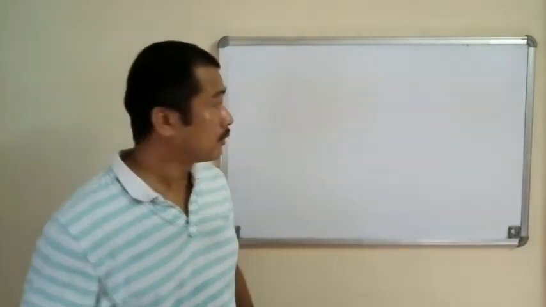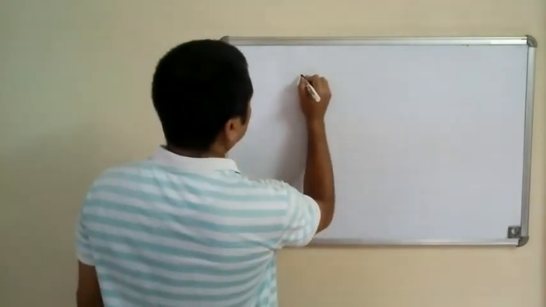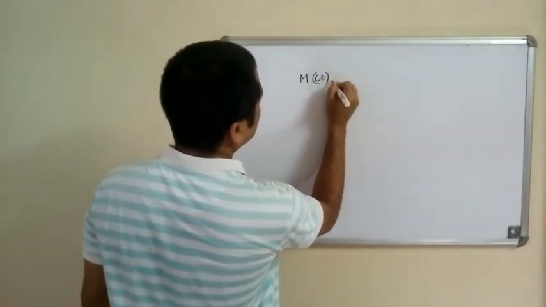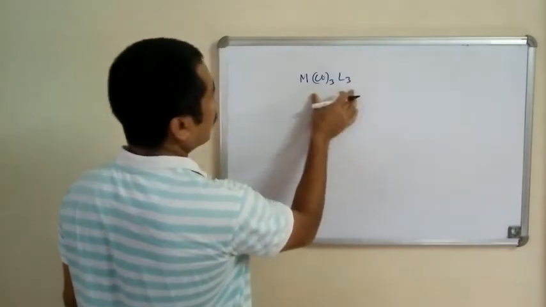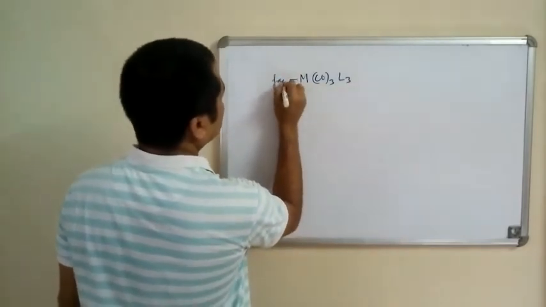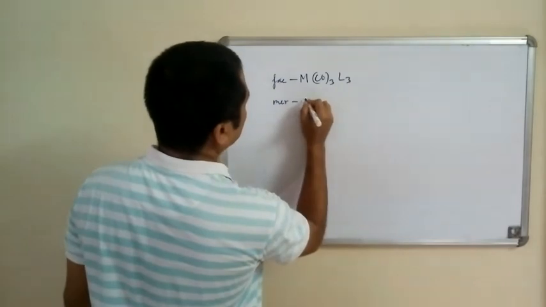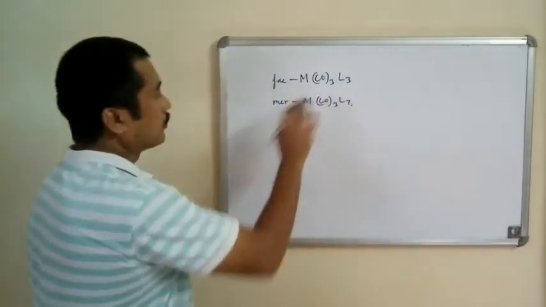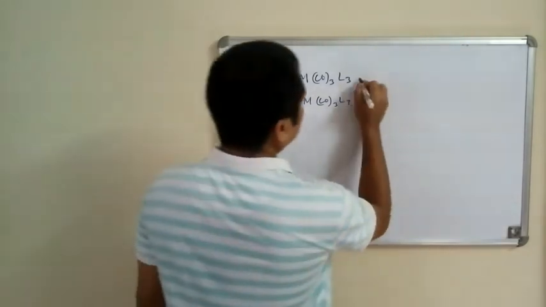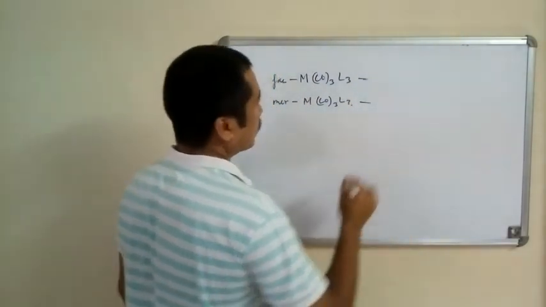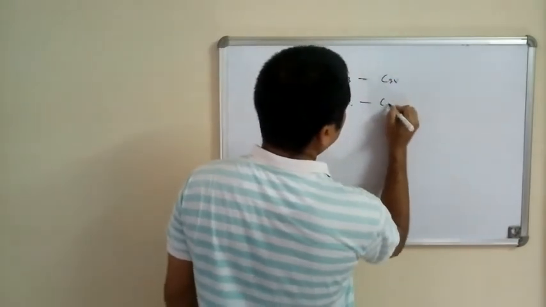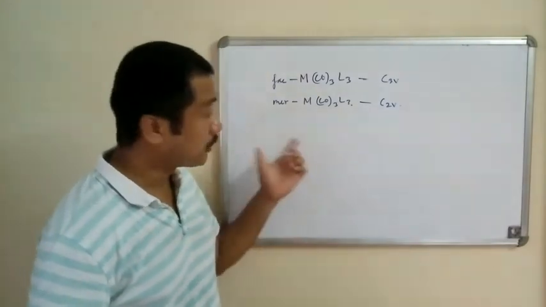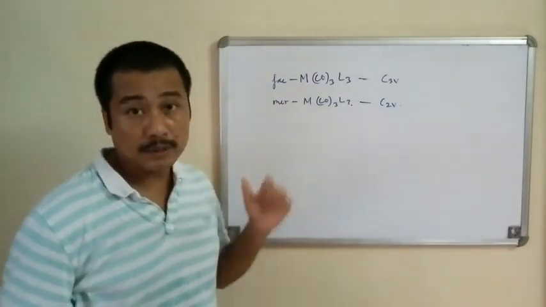So for example, if you look at facial and meridional isomers of, say, this type, this particular complex can have either a facial or meridional isomer of the same formula, but the symmetry or the point group in each of these cases is different. Here it is C3v and here it is C2v. So the number of IR active vibrational modes is going to be different for each of these isomers.